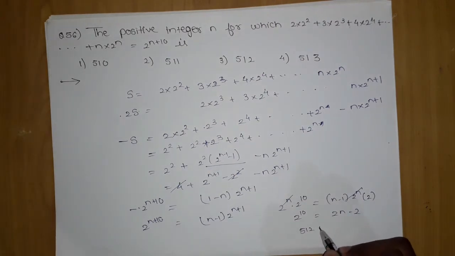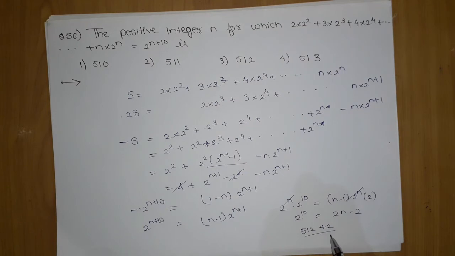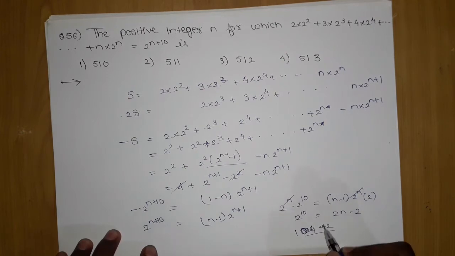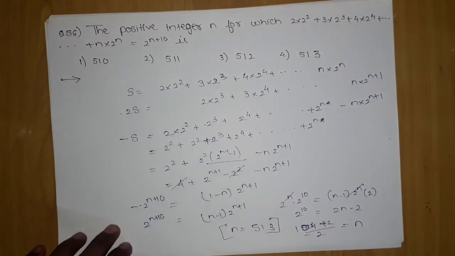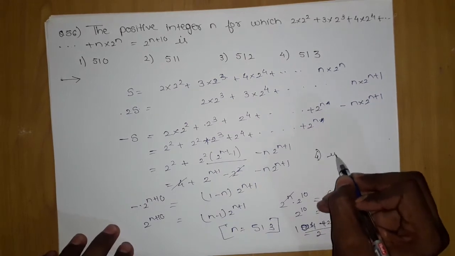It should not be 512, it will be much greater, which will be approximately 1024. 1024 plus 2 and then divide by 2 will give me my n, which is n equals 513. So this is our answer, which is the fourth option.